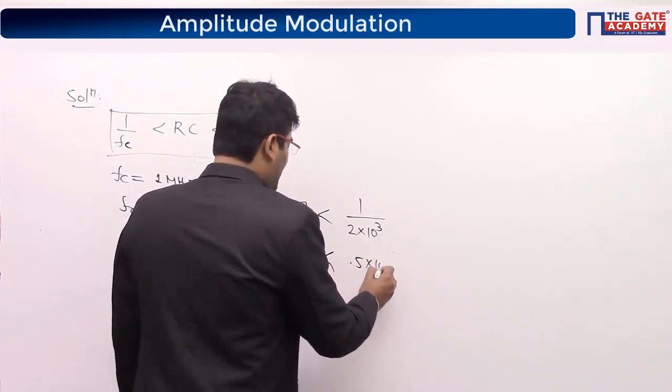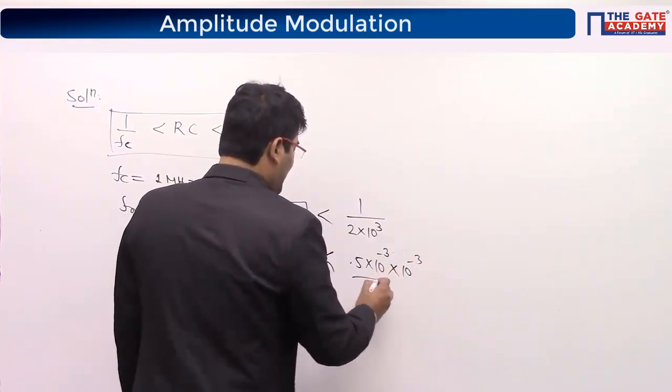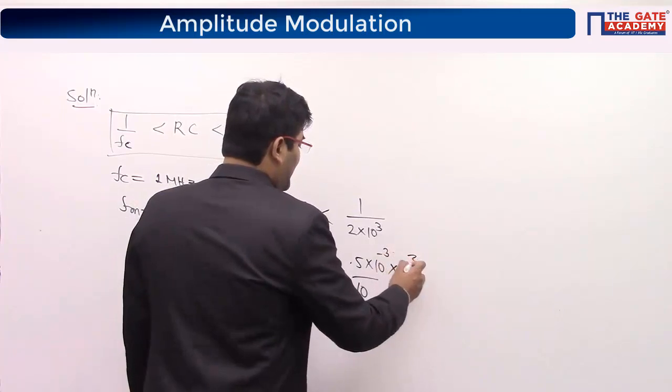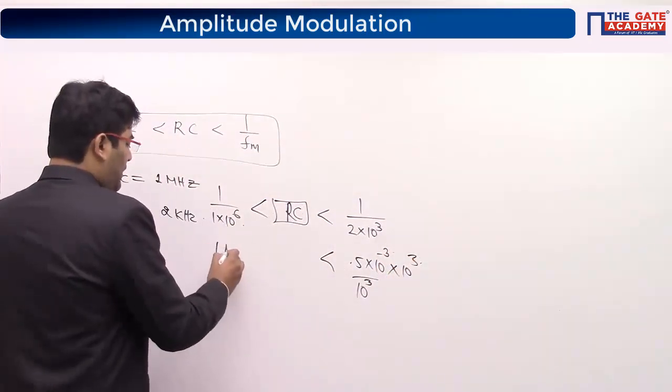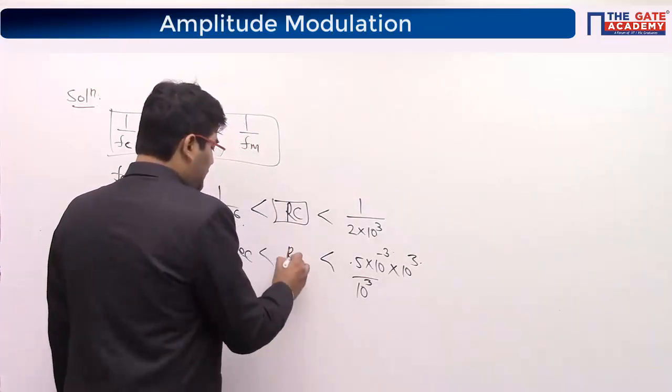So finally it becomes 0.5 into 10 to the power minus 3. You multiply by 10 to the power 6 to convert to microseconds, and this is your RC.